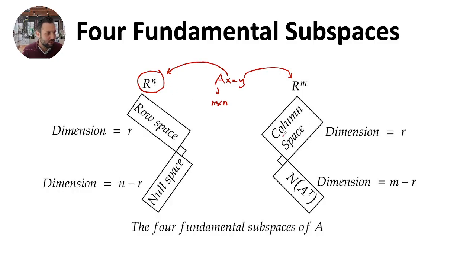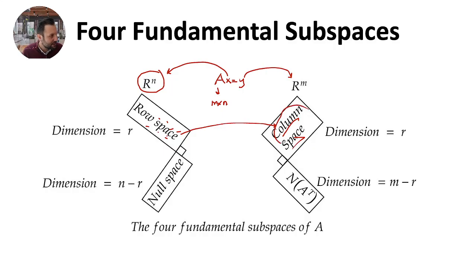So let's start with the column space. Any vector in the row space, in the domain, gets projected to the column space. We saw that if it is singular, whatever you do, your outputs are going to live here.